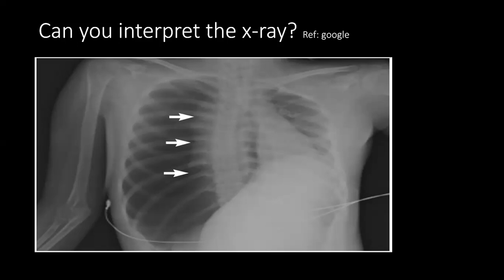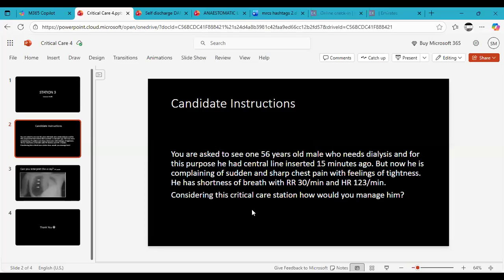So what is the surface marking of the internal jugular vein? It's from the ear level to the medial end of the clavicle. Sorry, clavicle. Okay. After you've inserted the central line, what is the procedure for removing the central line?